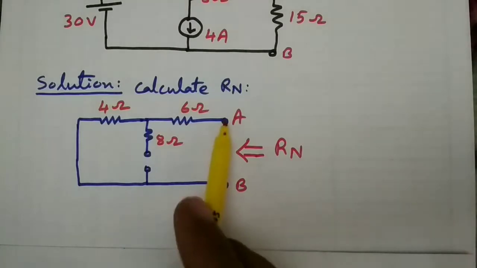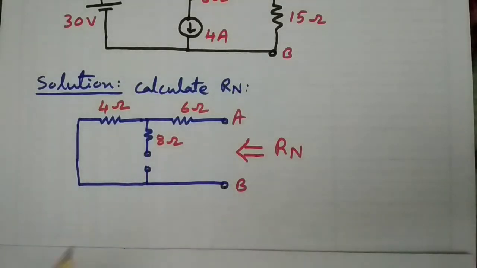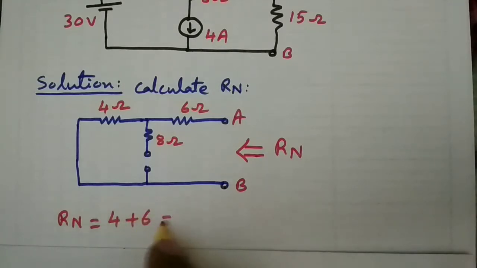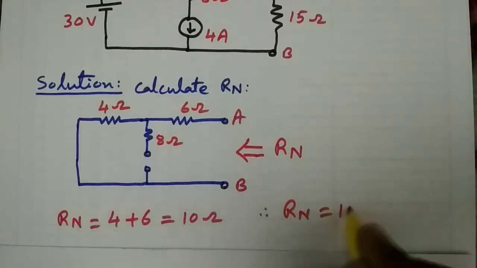Therefore, between A and B, the net resistance will be 6 plus 4. So our RN will be 4 plus 6, and that will be 10 ohms. So the value of RN is 10 ohms here.